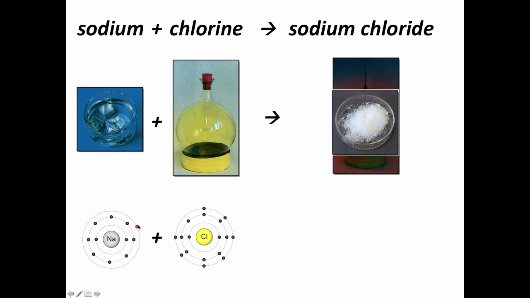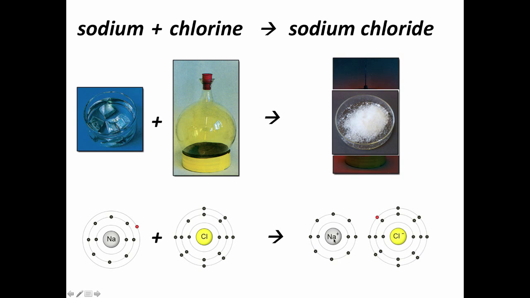What occurs is this outer electron, shown in red here on the sodium atom, is transferred from the sodium atom to the chlorine atom, leaving the sodium atom with only 10 electrons, therefore an imbalance in charge. It has one less electron than it started with, therefore it's no longer neutral, and since electrons are negatively charged, what used to be an atom is now positively charged.